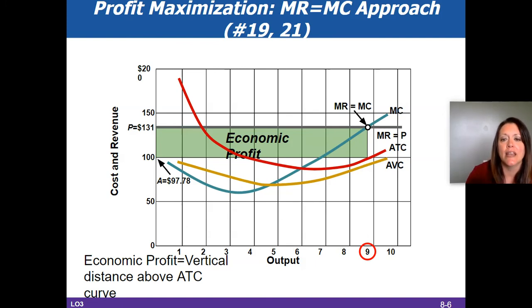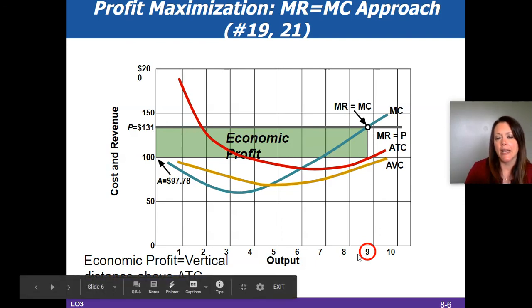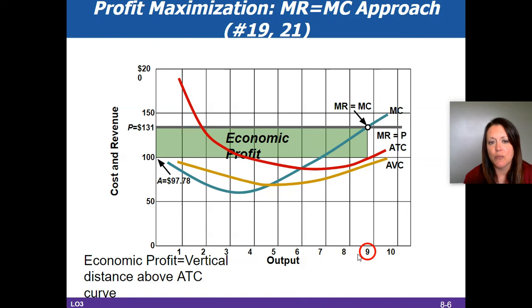So what we're looking at there is that $31, which is the vertical distance from 100 to 131, multiplied by 9. If we take those two numbers, multiply them together, you will end up with your economic profit.